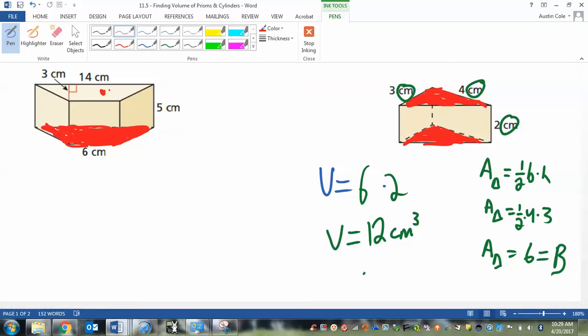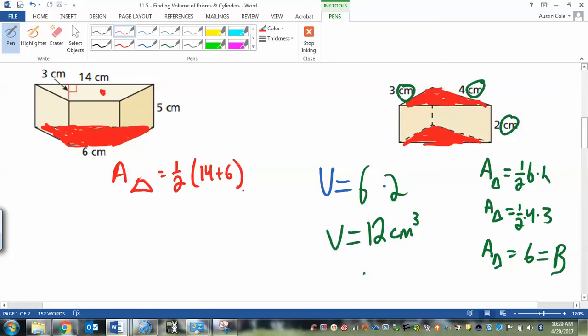How can we find the area of that base? What do we have written down as the formula up there? 1/2. So area of a trapezoid equals 1/2 base 1, right? Which is, we can just call it 14, plus base 2, which is 6. Then times the height.